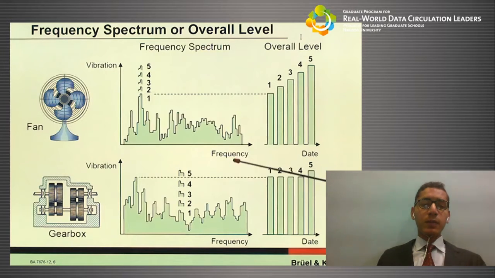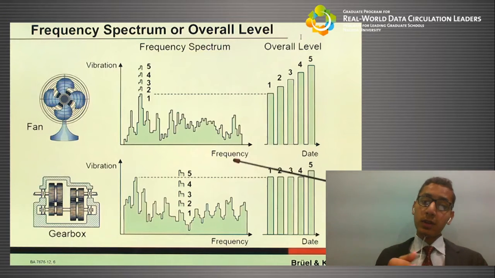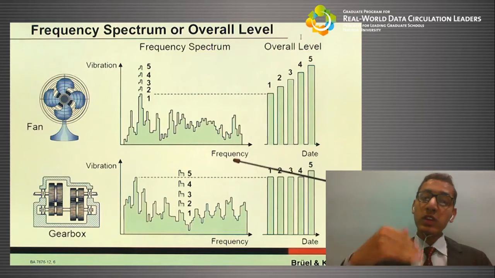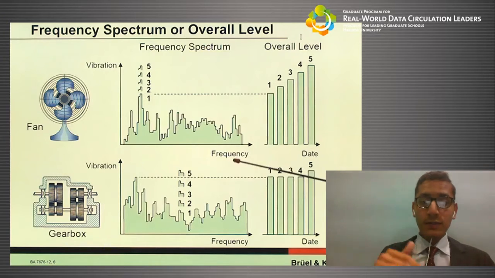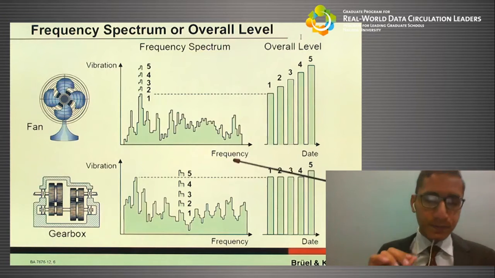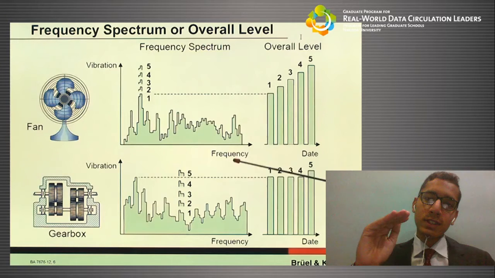And then in the next example, we have a gearbox in which we have another component at level 1, which is lower at the bottom, and its vibration is increasing with time.